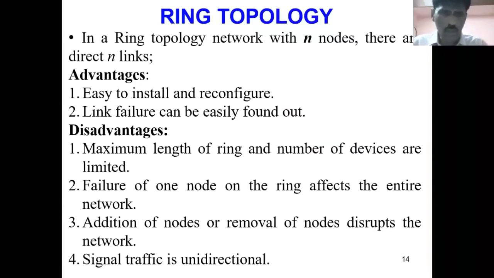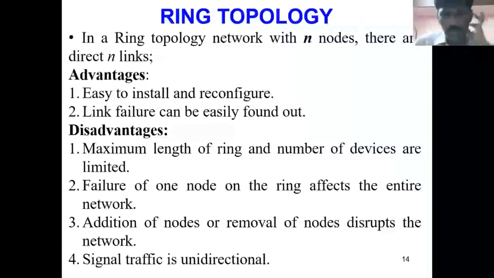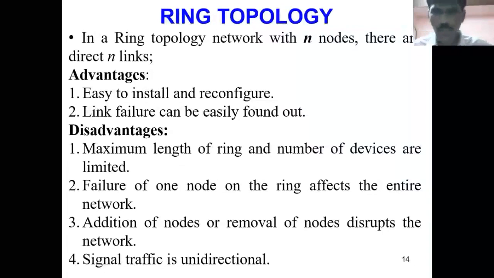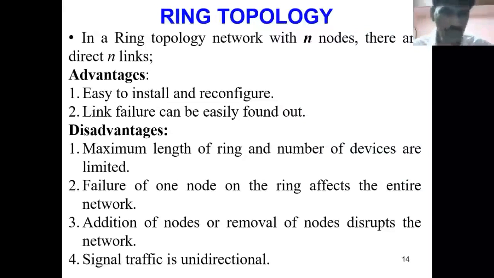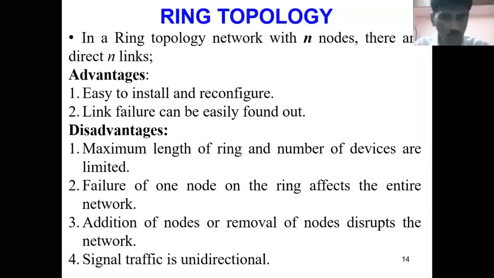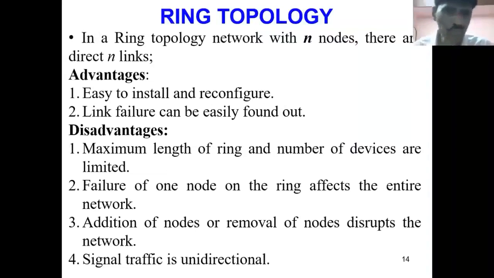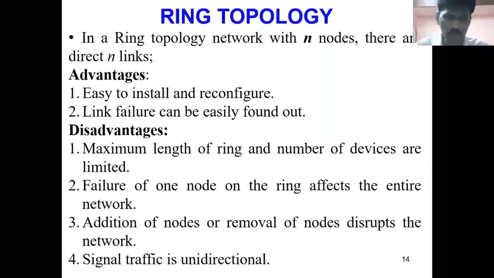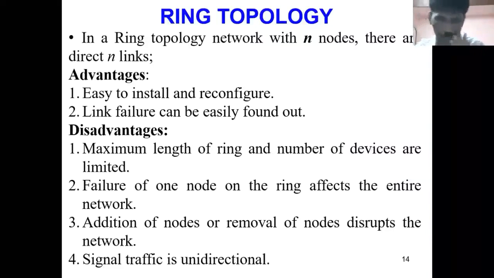Other disadvantages given in this slide: the maximum length of the ring and the number of devices are limited. Failure of one node on the ring affects the entire network, as I already told. Addition or removal of nodes disrupts the network. Signal traffic is unidirectional; the signal travels in only one direction.